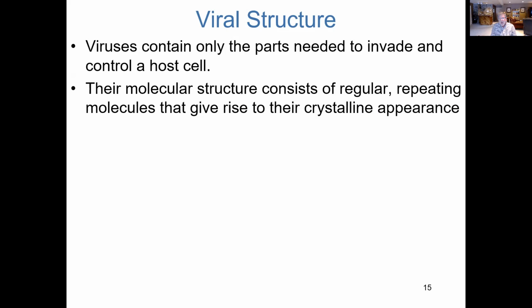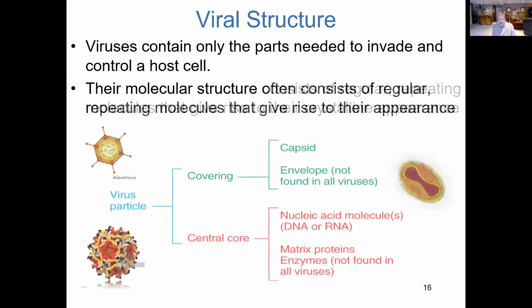So let's talk a little bit about what a virus is composed of. And as with the last two chapters surveying the eukaryotic and prokaryotic cells, the book is using a similar kind of dichotomous key, if you will, breaking this down into categories with the outer covering and the central core region of the virus.